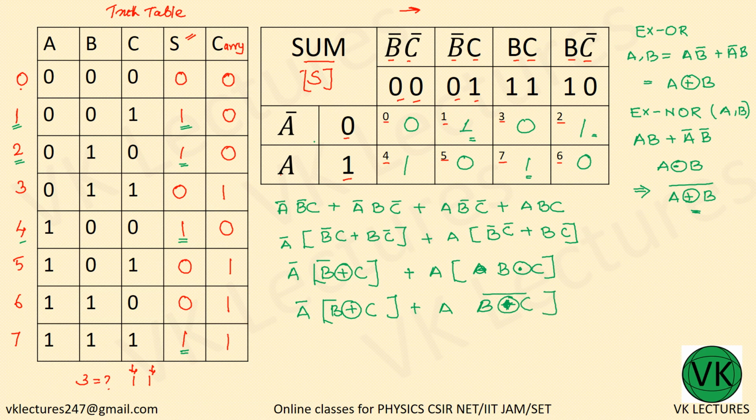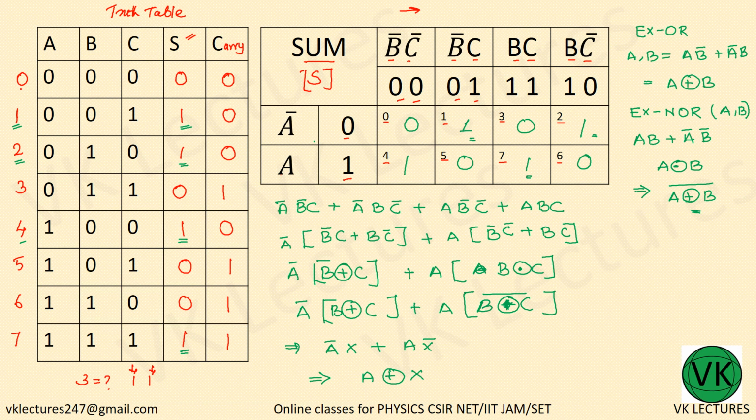Now this, if I assume it as A bar X plus A X bar, where X is B XOR C, so again this is A bar X plus A X bar, which is nothing but A XOR X. Now what is X?